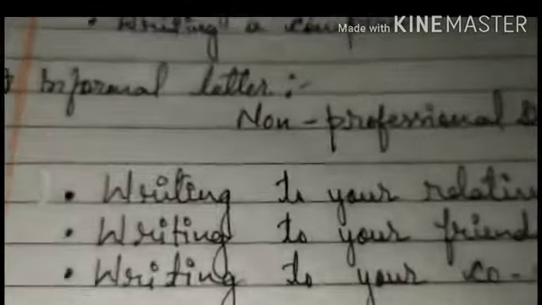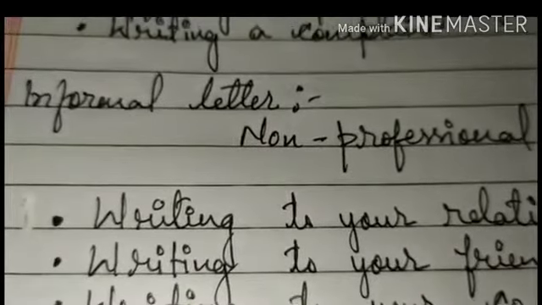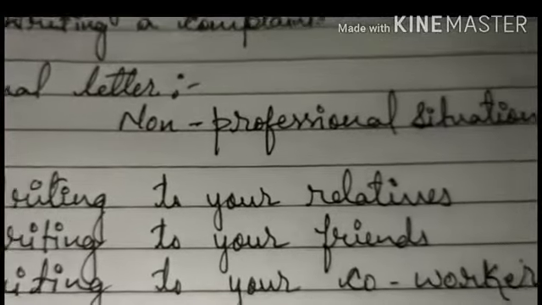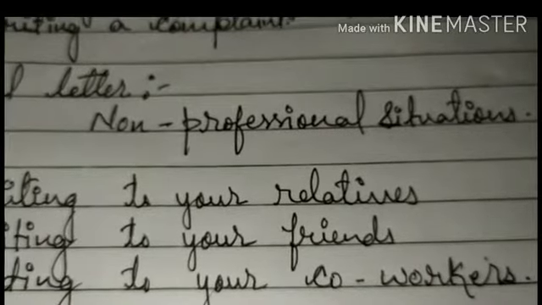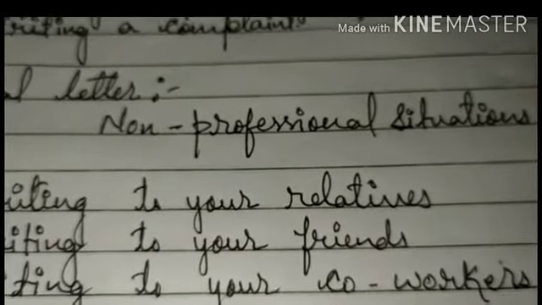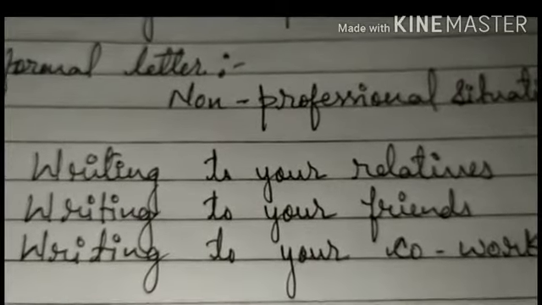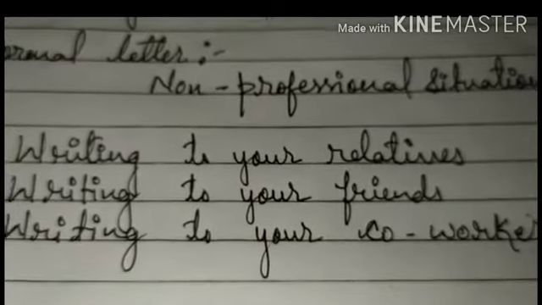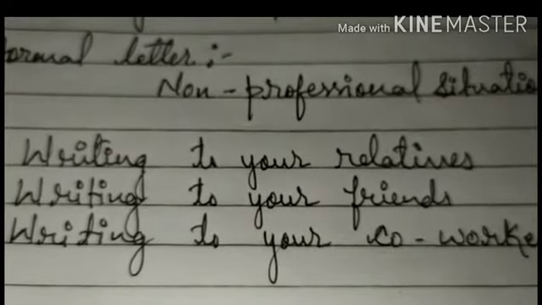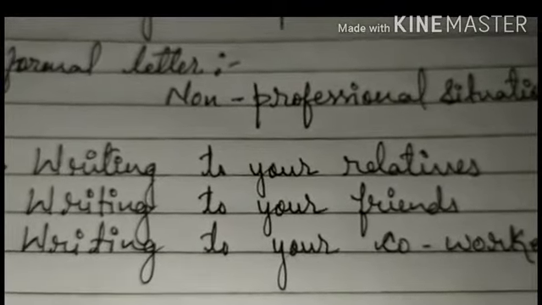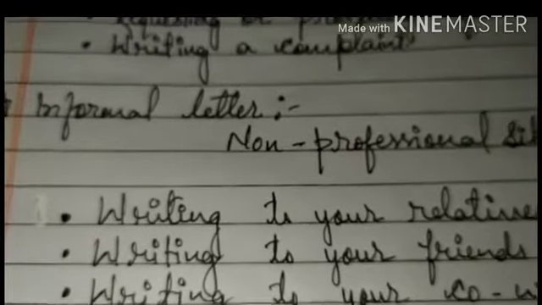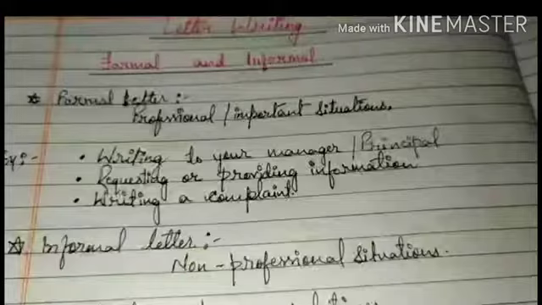Next we have informal letter. Now informal letters are for non-professional situations. Non-professional means to your relatives, to your friends, to your co-workers, to your family members, to your brother, sister. Okay? So, that is informal letter.